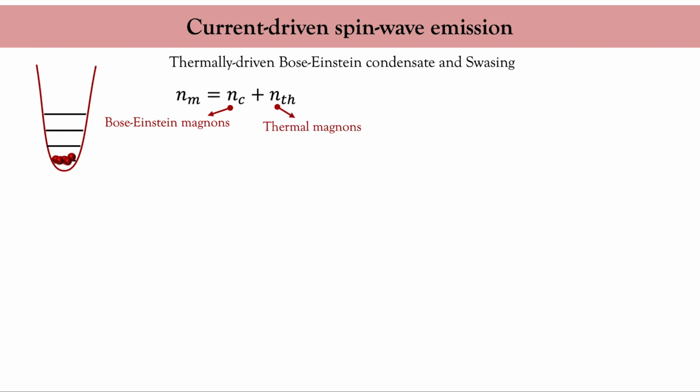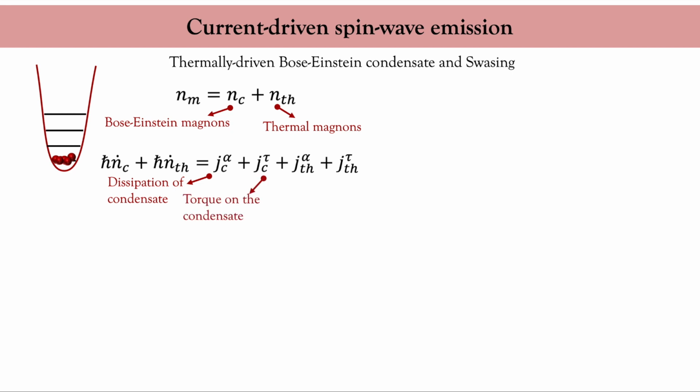One can derive a continuity equation for the magnons where the rate of change of the magnon number is compensated by the dissipation of the condensate, the torque on the condensed magnons, the dissipation of the thermal magnons, and the torque on the thermal magnons.